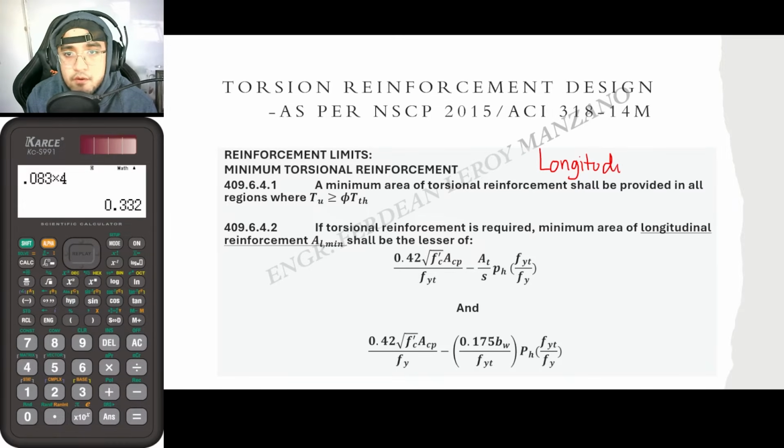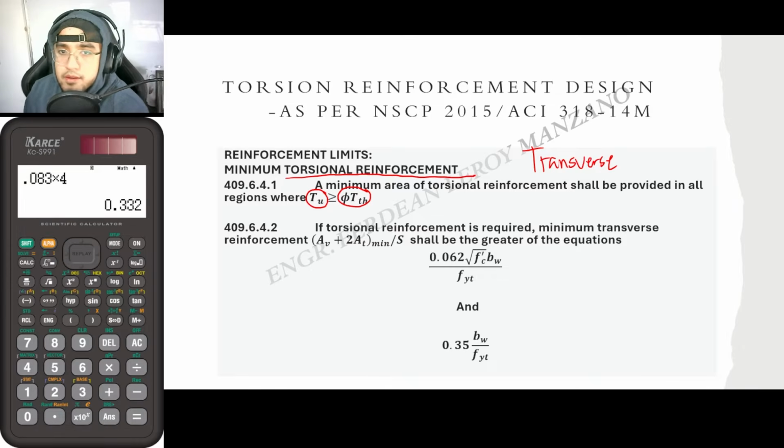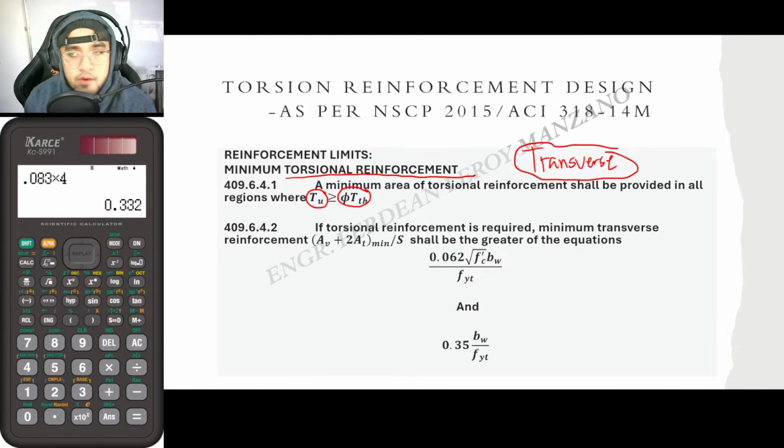But let us solve for it part by part. For our first topic, we would focus first on the transverse bars. So transverse bars are our lateral ties or our stirrups, okay?